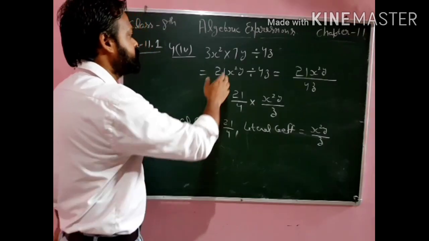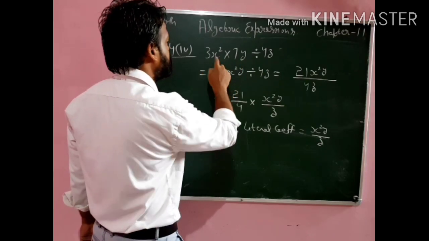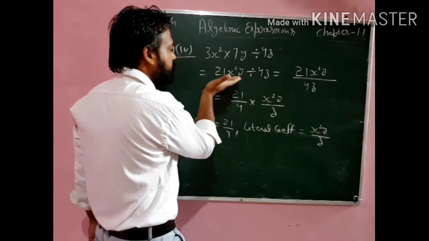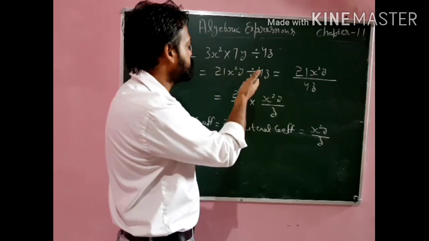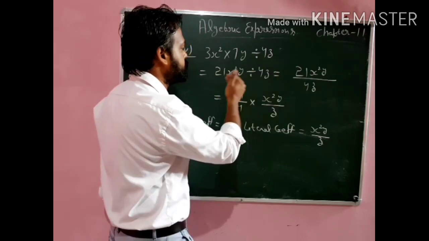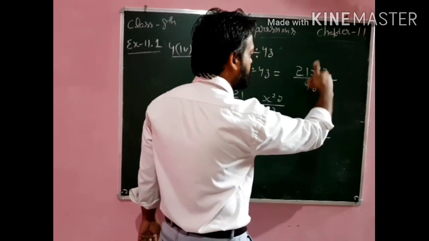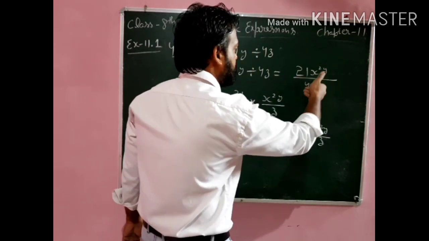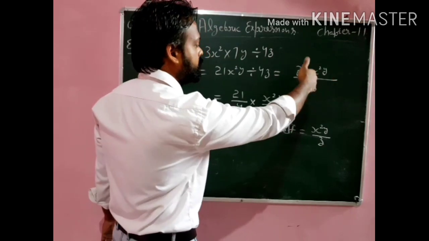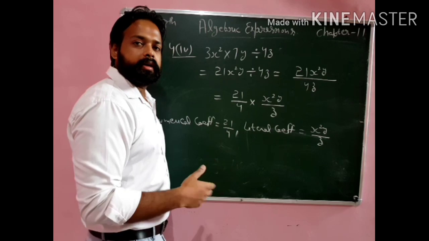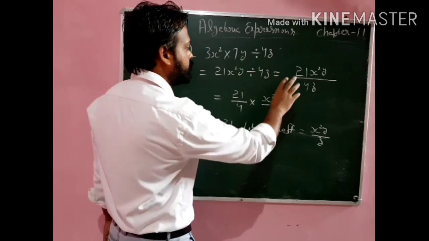Also the multiplication sign is there, 7 3s are 21 x square y, and the division sign stays as it is, 4z. Now this 21x square y is divided by 4z, so we can take it in the denominator, and it becomes 21x square y over 4z. Now we have solved this term, and we have to find the numerical and literal coefficients.